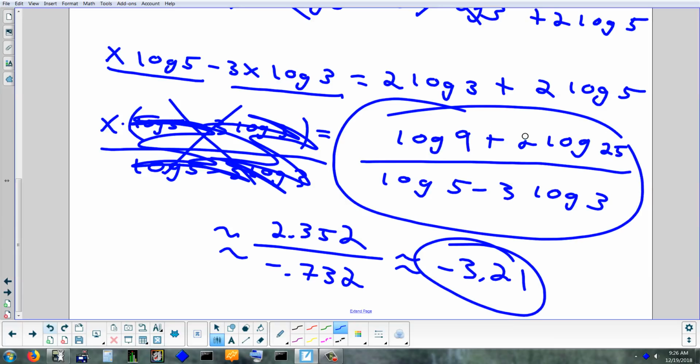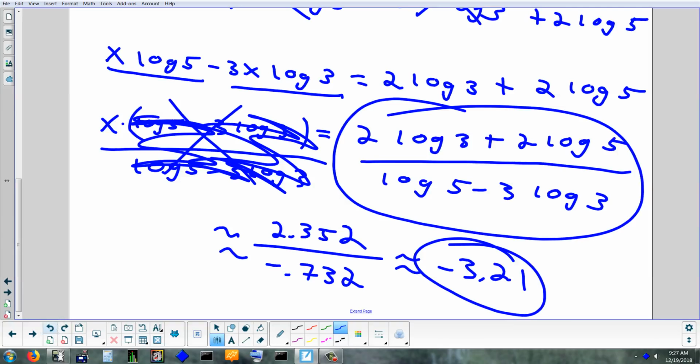No, I just meant could you put the 2 in front, like 2 times log 3? Let me put it back the way it was. All right, so what do you want to change that to?